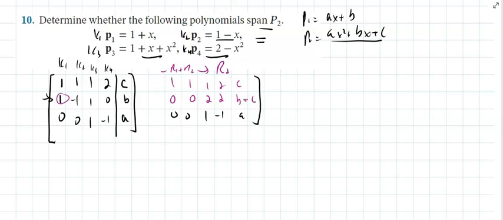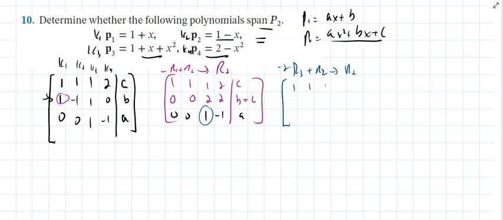I don't need to be that big. And now, if I want to make that a 0, I'll take row 3 times negative 2, add it to row 2, and row 2.